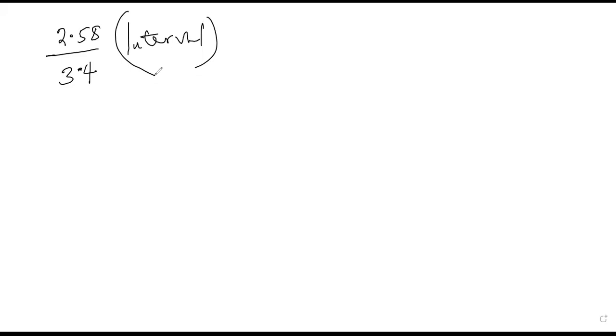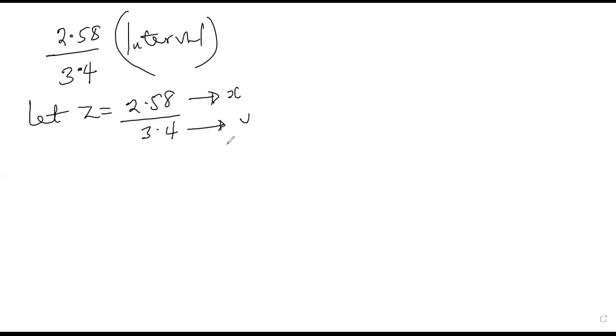This question, one can do it in two ways, and I think I need to give you both. If I let my z be that value, 2.58 out of 3.4, and I let this one be my x and this one be my y, the error in x is what?